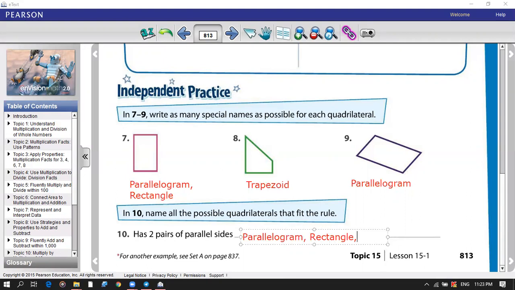The rhombus, because also it's a parallelogram. And finally, the square, because it is a parallelogram.